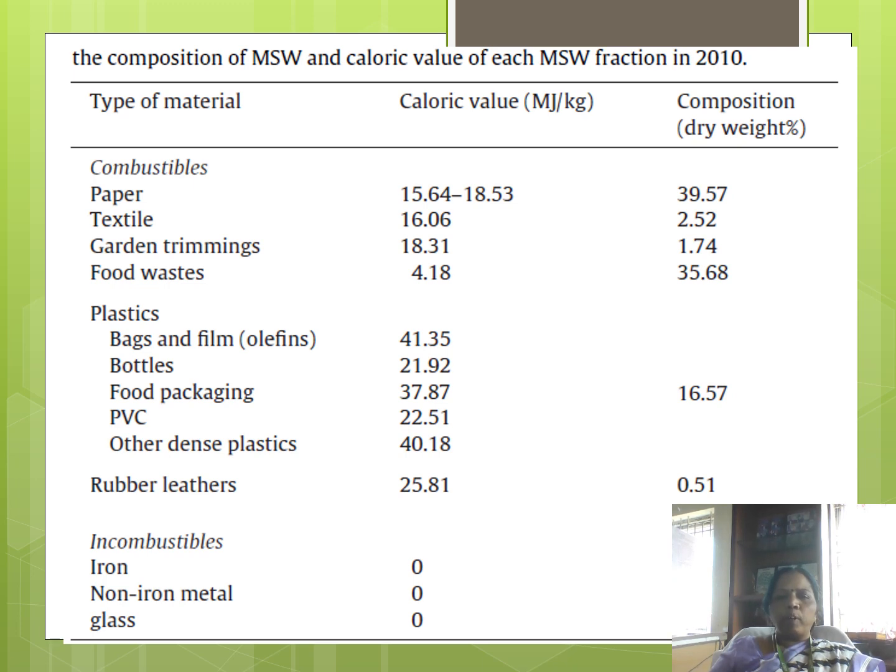It consists of paper, textile, garden trimmings, food waste, plastics. It includes bags, films, bottles, food packaging, PVC and other dense plastics, rubber, leathers even. Incombustibles like iron, non-iron metal, glass, etc.